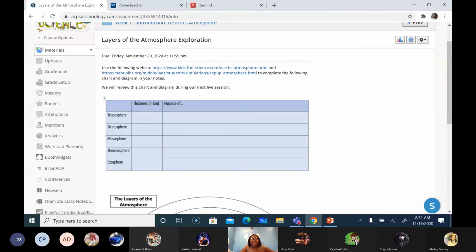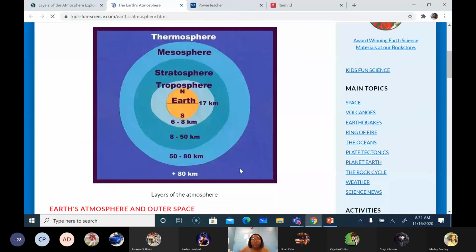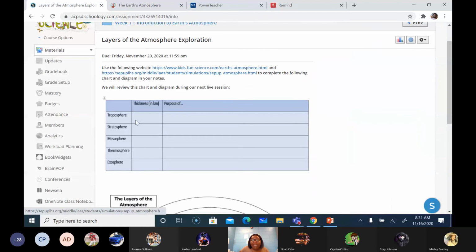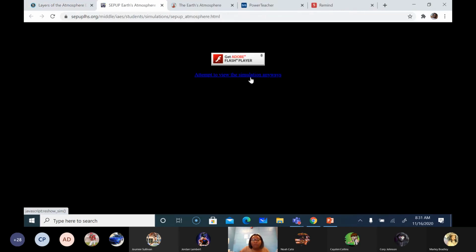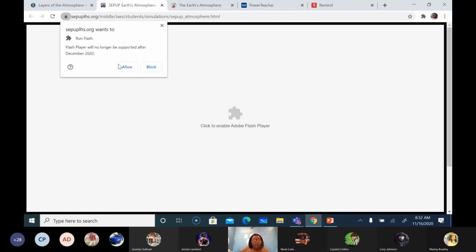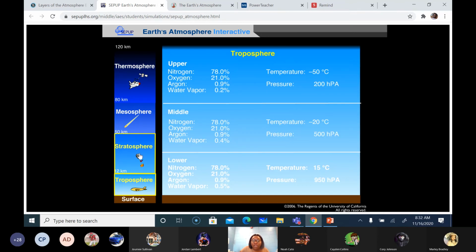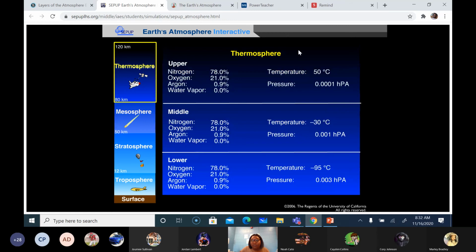How will you find what information you need to put in your notes? You're going to click on this link where you're going to be able to read about the Earth's atmosphere in each of the layers. This first website is going to help you complete this chart. If you don't get all the information you need from that first website, you can go here. If it lets you use your Adobe Flash Player, it'll show you the different layers of the atmosphere.